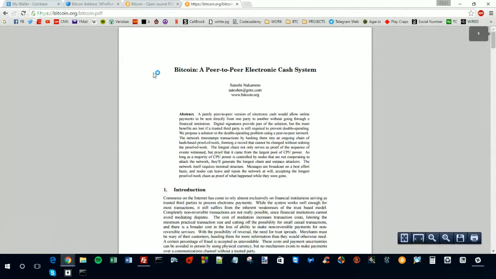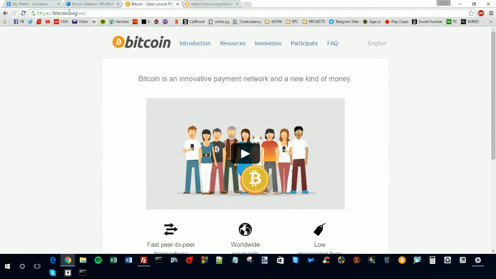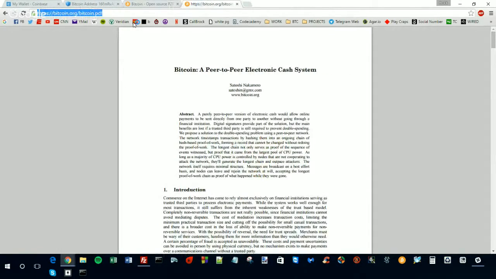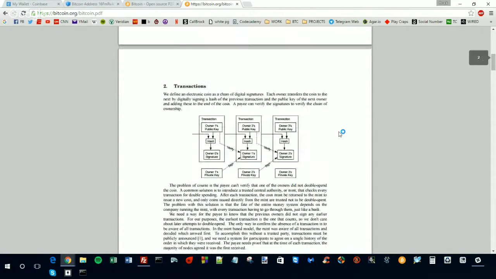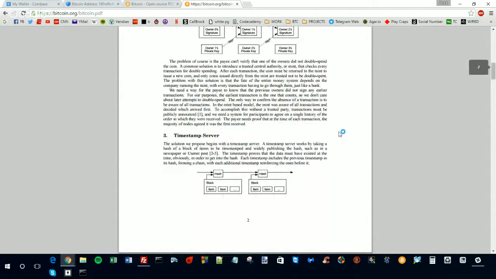If you get really technical, the original white paper from the inventor is actually on the site, bitcoin.org/bitcoin.pdf. It does have some technical stuff, so this definitely isn't for new users, but some people look for the original white paper. If I'm ever at the bitcoin.org site, I show this in case anyone wants to dig into what the original founder was actually talking about.